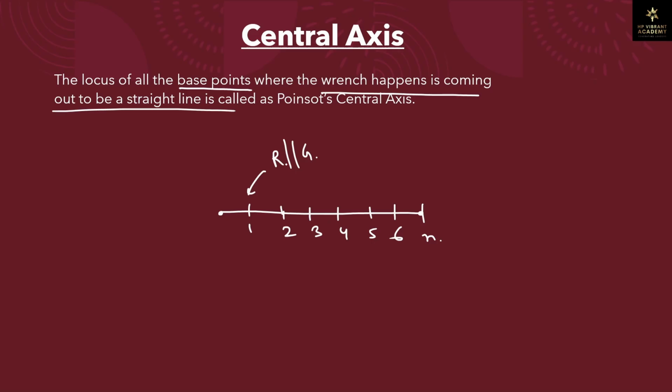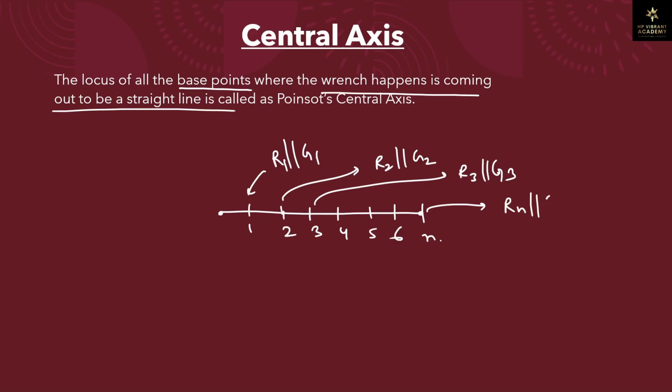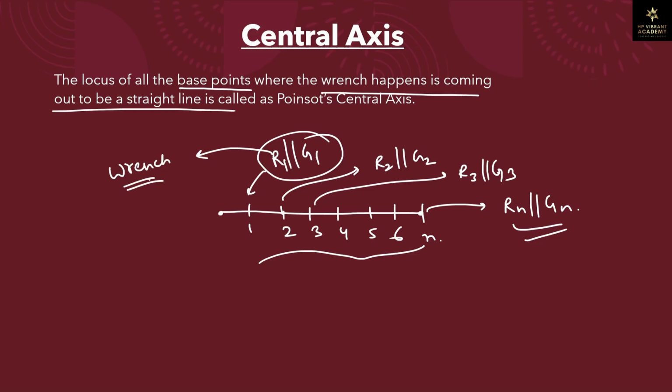So at point 1 r1 is parallel to g1, at point 2 r2 is parallel to g2, at point 3 r3 is parallel to g3, and at point n we have rn parallel to gn. That condition is known as wrench. So the locus of all the base points where the wrench happens is a straight line, and that straight line is known as Poinsot central axis. This is the concept of central axis.